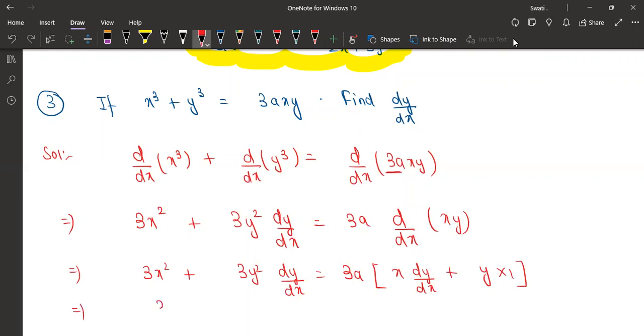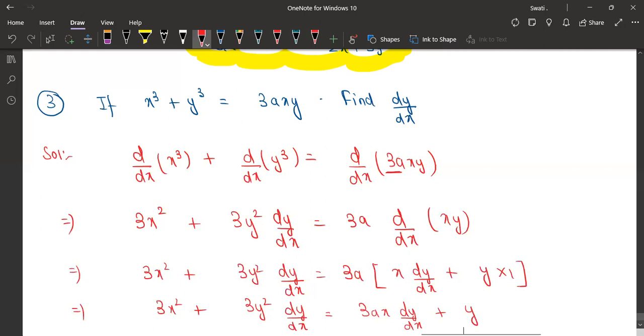So what will this become? This will become 3x squared plus 3y squared dy/dx. And if I simplify the terms on the right hand side, it will become 3ax dy/dx, and then plus y into 1, that is y, right?